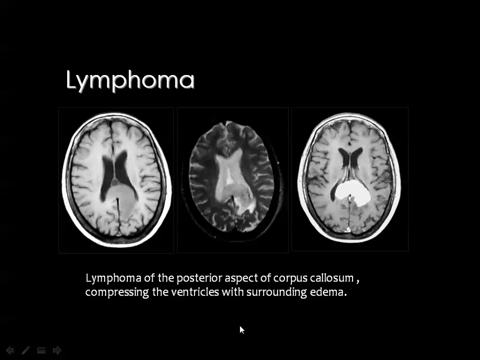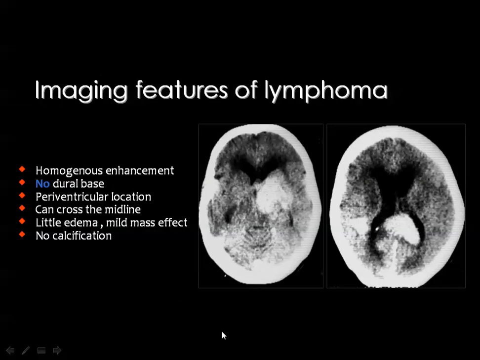But lymphoma in an immune-competent patient like this one will show low or intermediate signal in the T1 and T2, but homogeneous post-contrast enhancement. Homogeneous post-contrast enhancement with periventricular location, intimately related to the splenium of the corpus callosum, crossing the midline, producing little mass effect compared to the tumor size. All these criteria favor the diagnosis of lymphoma.